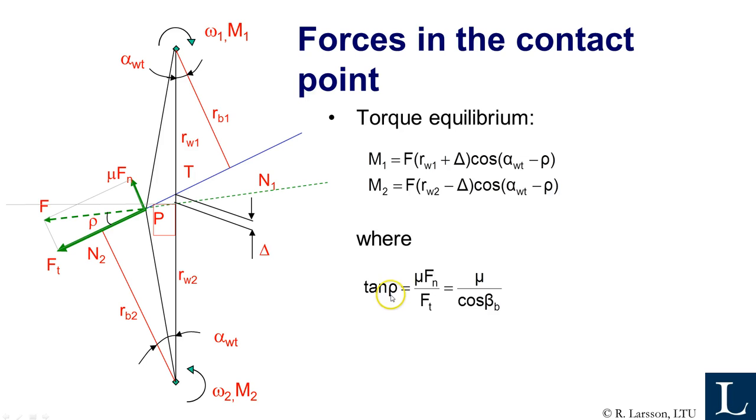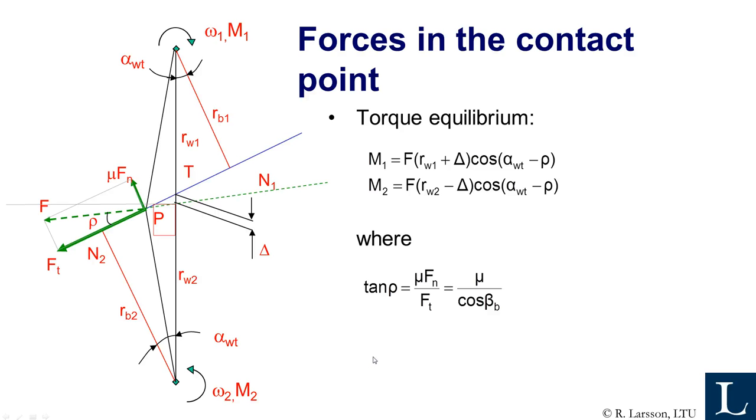And the friction angle rho is simply the friction force divided by the normal force. And since there is a ratio between the normal force and the normal force in the transversal plane, which is simply the cosine of the helix angle, tangent rho is mu, the friction coefficient, over cosine beta.